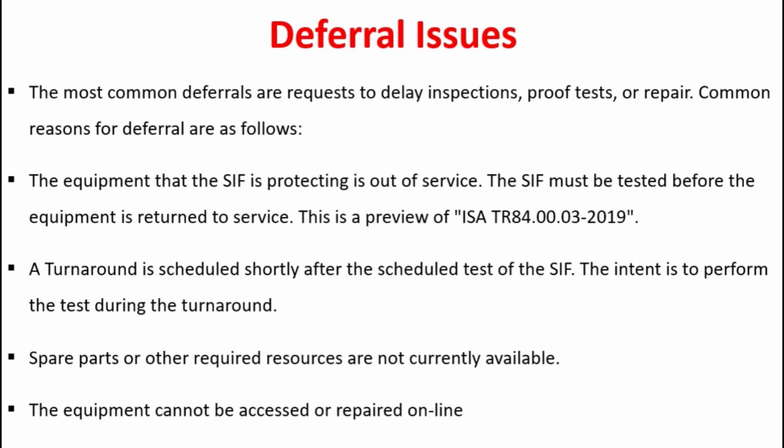The equipment cannot be accessed or repaired online. When production is running and there is a single piece of equipment in the process line, the equipment and instrument cannot be isolated and tested online, which means taking a forced decision to take a deferral.